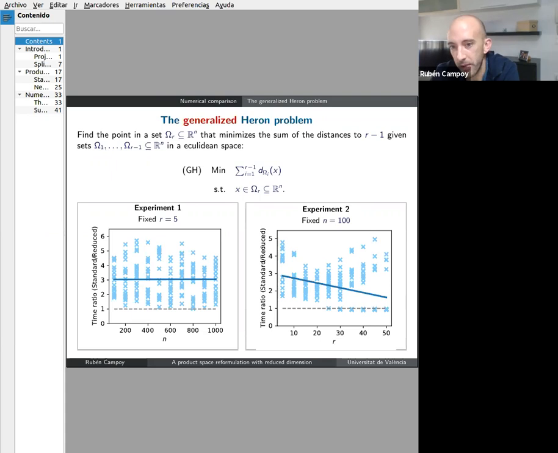And the trend now is decreasing. So that means that when the number of operators in the monotone inclusion increases, then the advantage of reducing the dimension of the product space is not so clear. It's not so favorable to the algorithm.